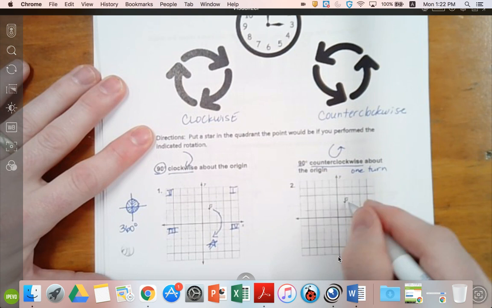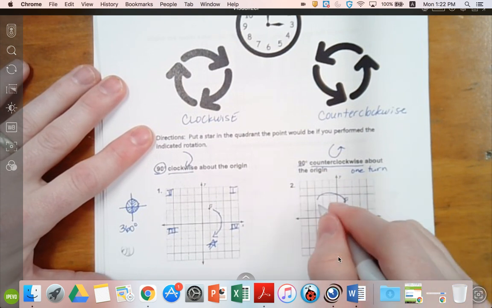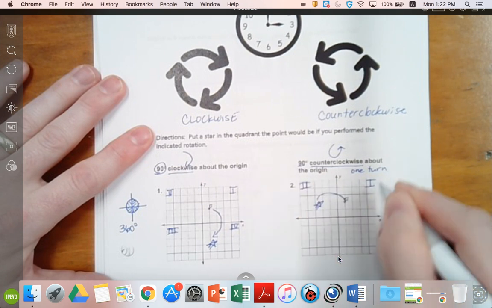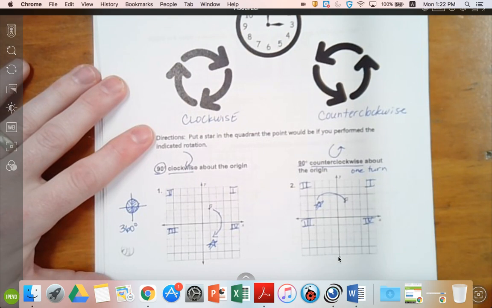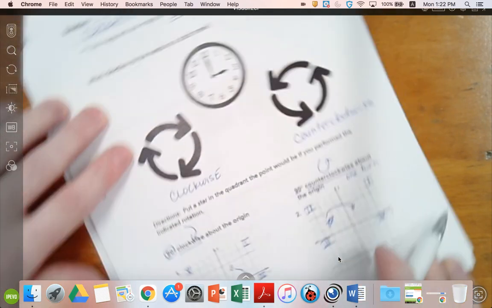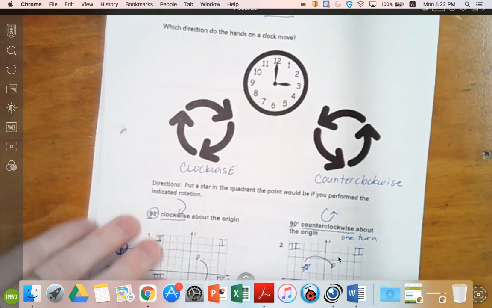So counterclockwise would be going this way, and I'm going to end up in quadrant 2. Okay, so I'll turn, one turn counterclockwise, and there it is. Move on to the next ones here.